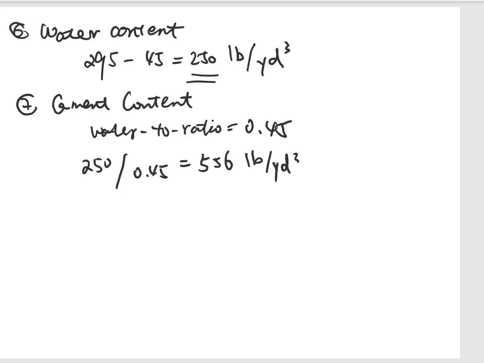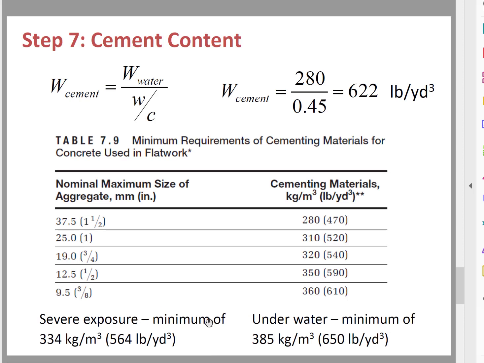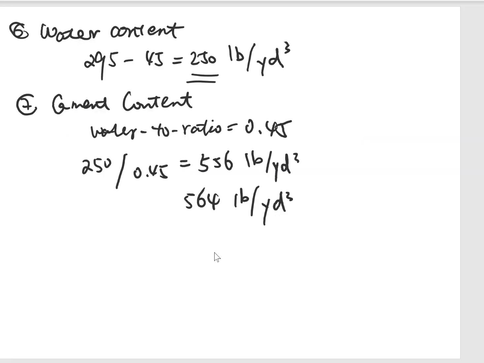So 564 should be the minimum amount of cement. The actual amount we are using should be larger than this value. So you can see the value here is actually smaller than this minimum requirement value. So we should not be using this value.